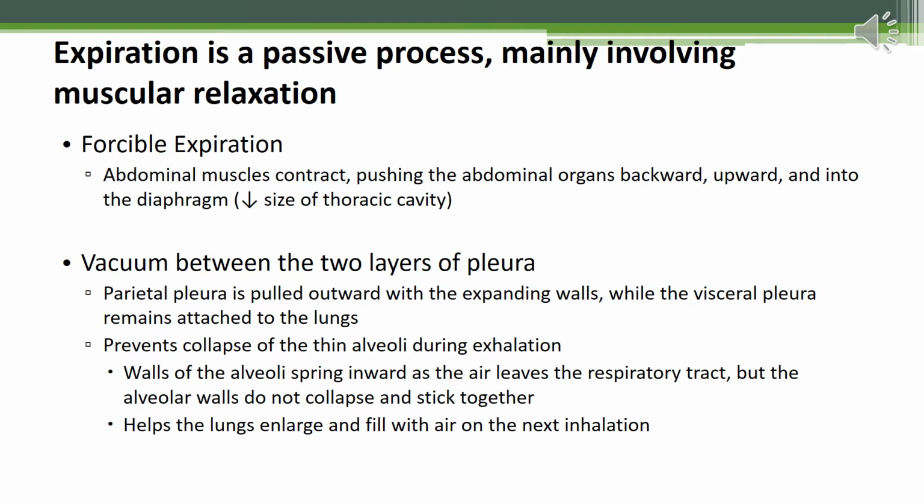The walls of the alveoli spring inward as the air leaves the respiratory tract, but the alveolar walls do not collapse, but instead stick together thanks to this vacuum. And this obviously helps the lungs enlarge and fill with air on the next inhalation, because if the alveolar walls had stuck together, we couldn't really inhale.